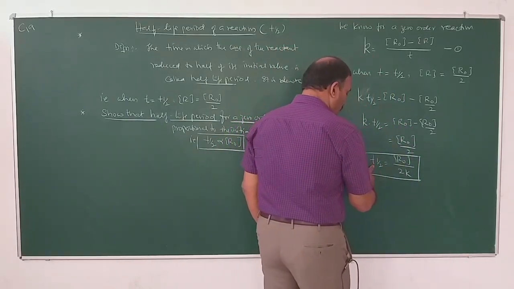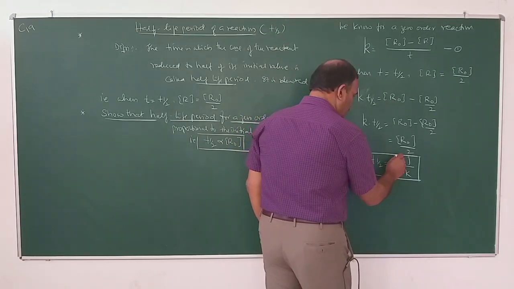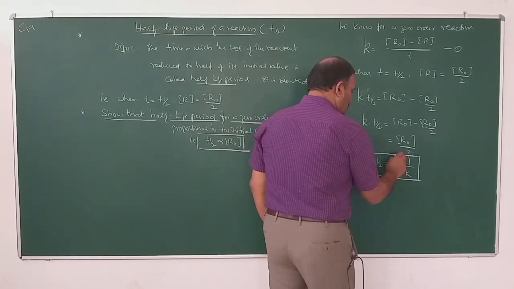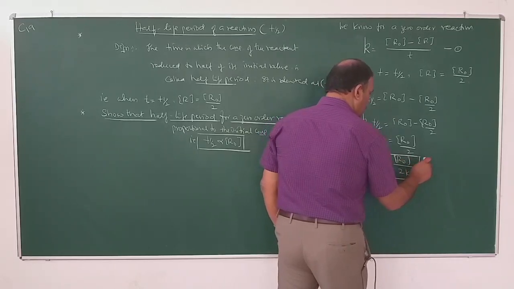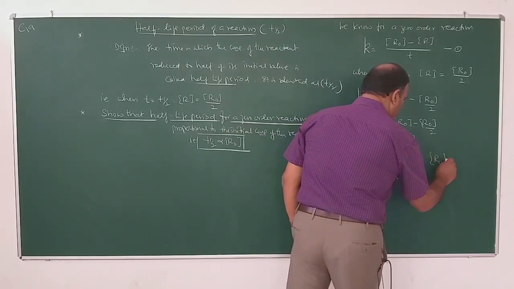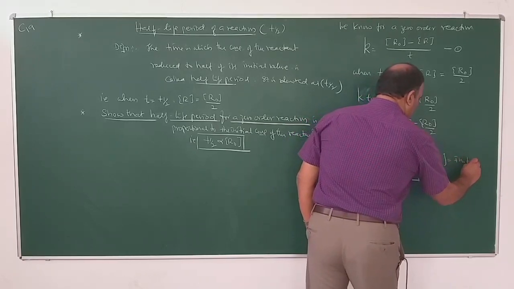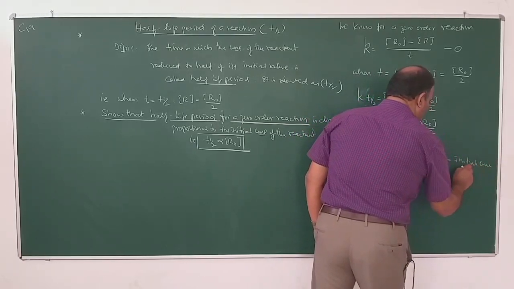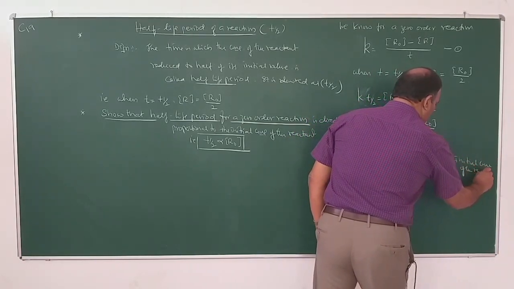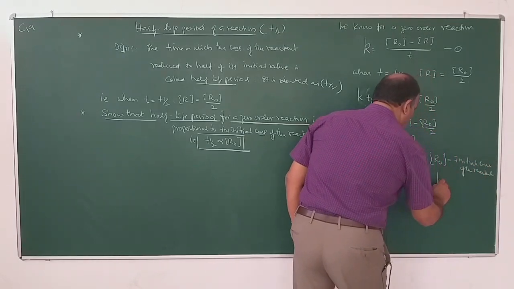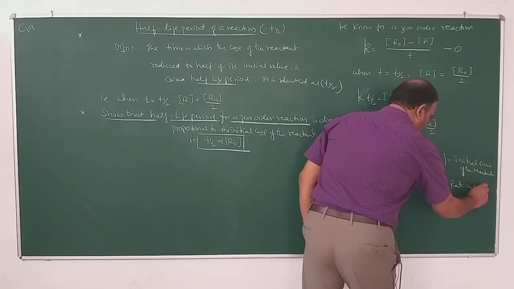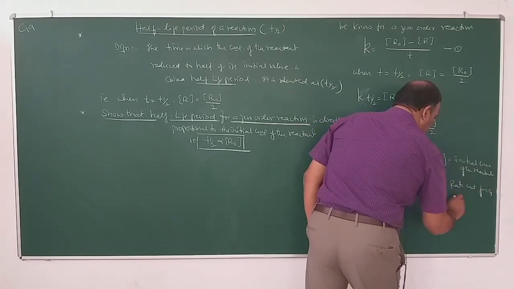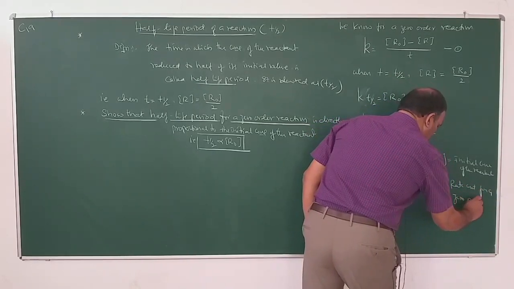So T half, the half-life period for a zero order reaction, is equal to R naught in square bracket divided by 2K. What is R naught in square bracket? R naught in square bracket is equal to the initial concentration of the reactant, and K is equal to the rate constant for a zero order reaction.